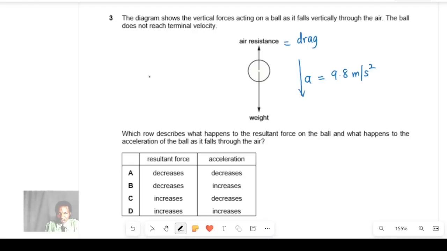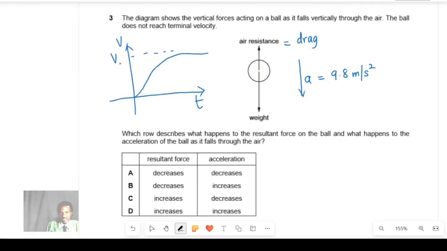Which rule describes what happens to the resultant force on the ball? Okay, so remember that when an object is falling, the acceleration does this. So this is the VT graph. The acceleration actually reduces until it gets to the terminal velocity.